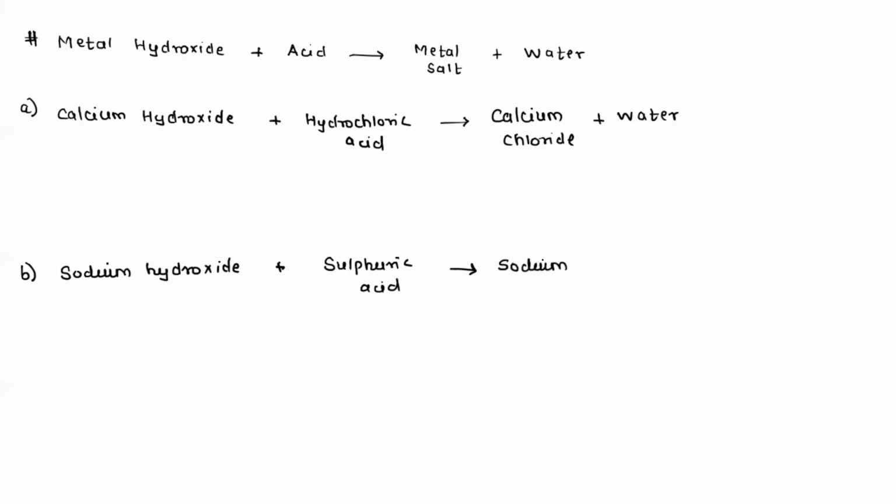Sodium sulfate. Ma'am, sodium sulfate. Yes, plus water. So we have discussed the chemical equation. Now I want you guys to write the reaction in the symbolic form. The chemical equation, write it and balance it.